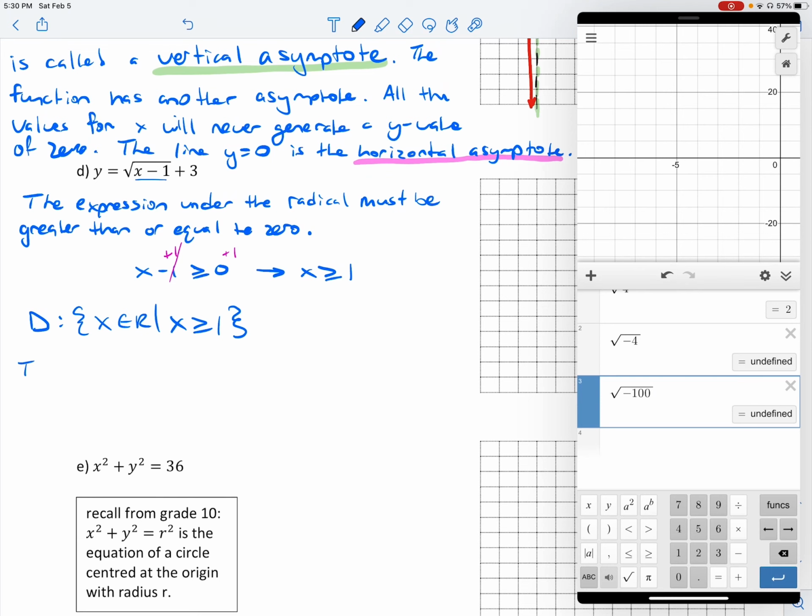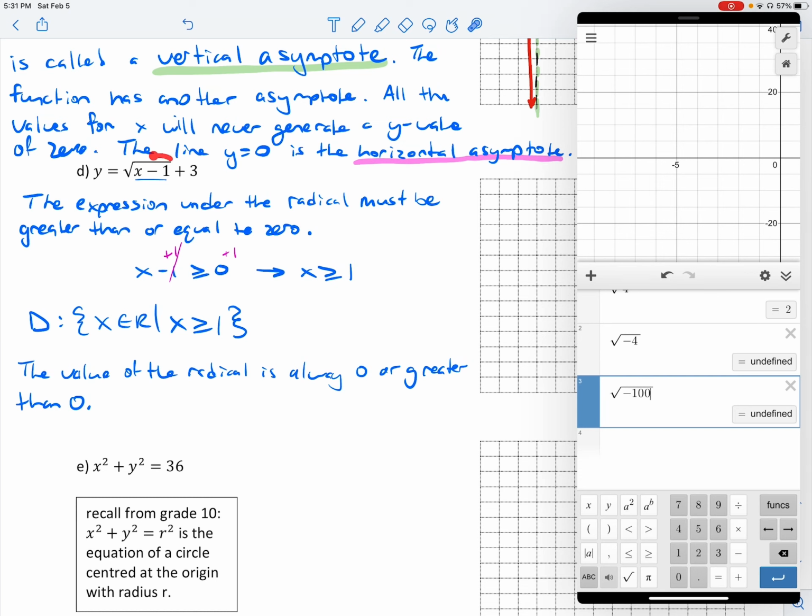So we'll say here the value of the radical is always 0 or greater than 0. And what that means is the result of this, when I have 0 plus 3, the lowest value I'll ever get for this is 3. Everything else will be higher.